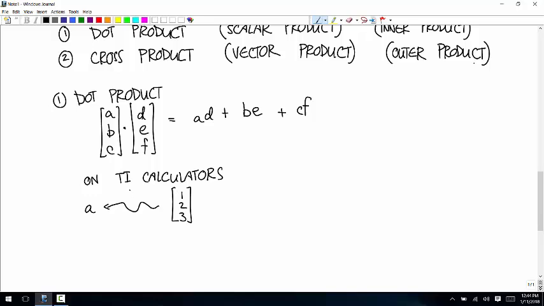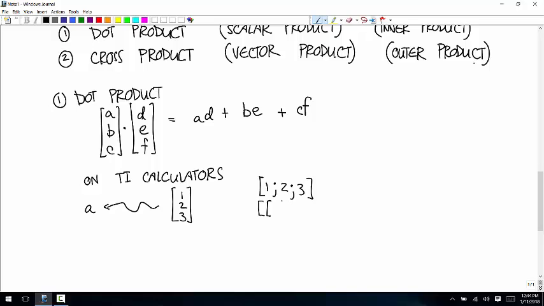And there's a couple of ways to do that. On TI-89s, you can write that as square brackets 1, 2, 3. On TI-84s, you can do that as square bracket with a square. So, and the semicolons go to a new row. So what this is saying is that's a column matrix.